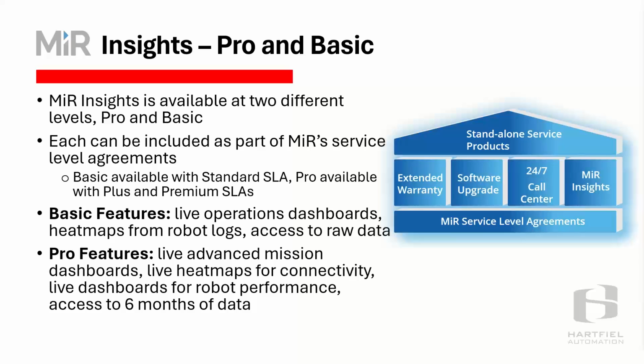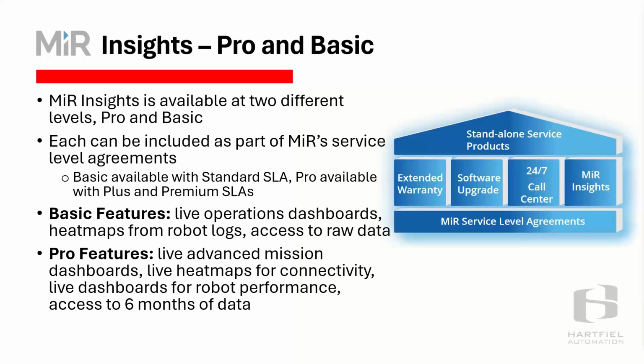So we have a 4-tier robot service plan. The MiR Insights Basic is available through the standard level SLA, and the MiR Insights Pro can be available through the Plus and Premium SLAs. Both the Pro and Basic can also be optioned as a standalone service item as well.